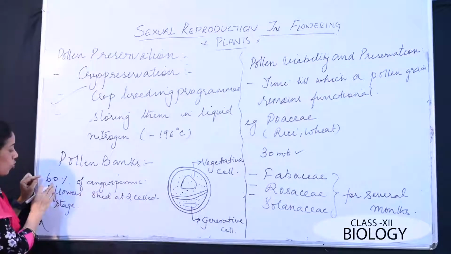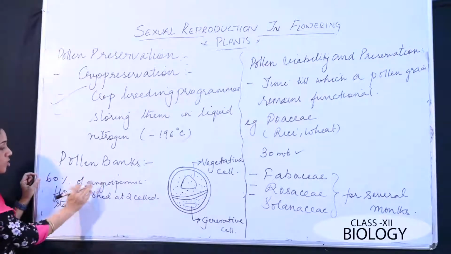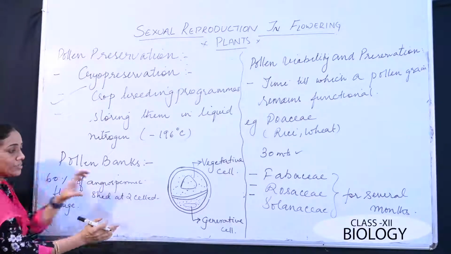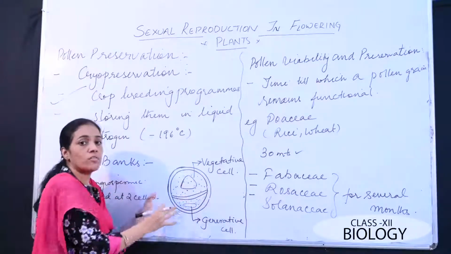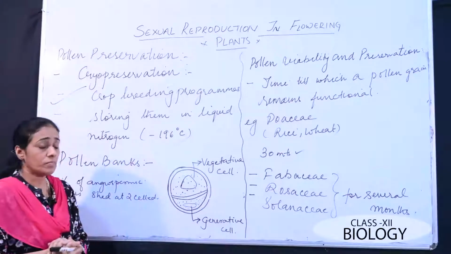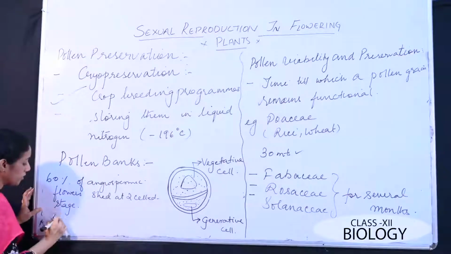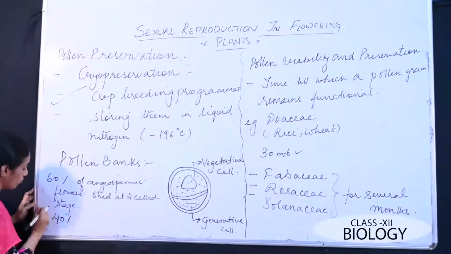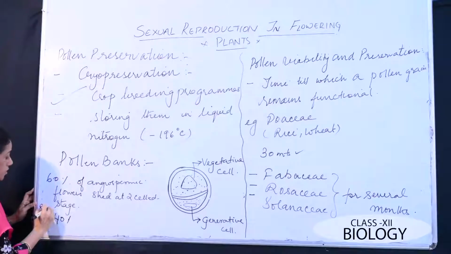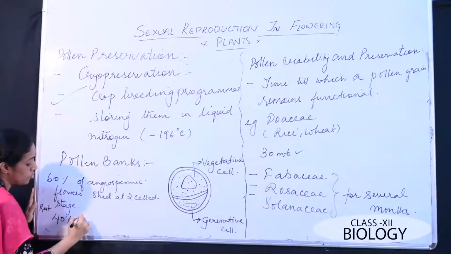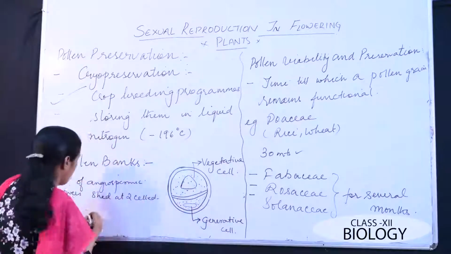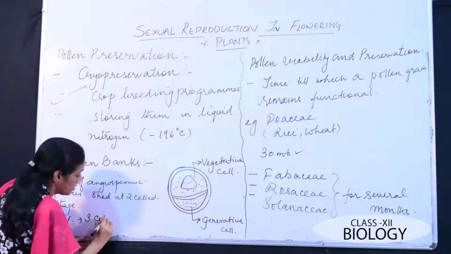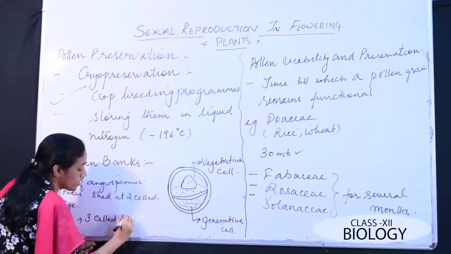I have just told you that in 60% of angiospermic flowers, at this two-cell stage, that is the vegetative and generative cell, the pollen grains get shed off. But in the rest 40% of angiospermic flowers, the pollen grains are shed at the 3-cell stage. And what is that 3-cell stage?